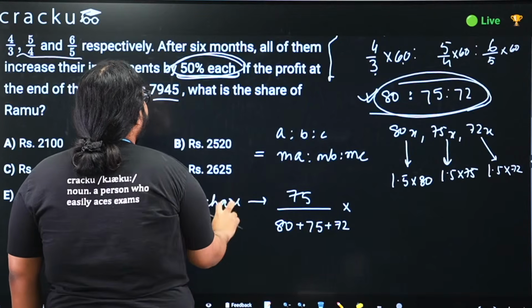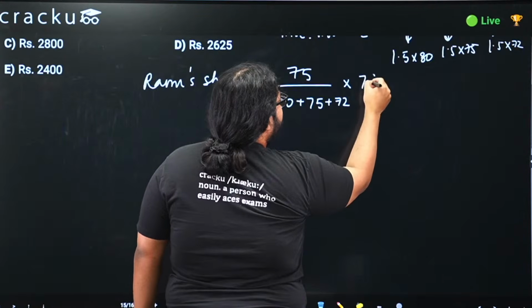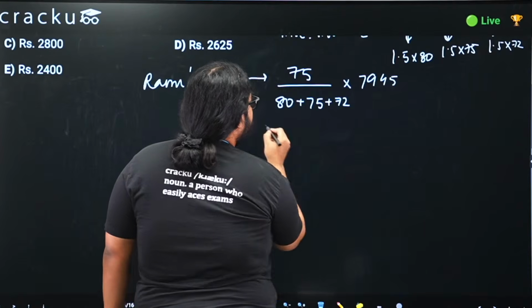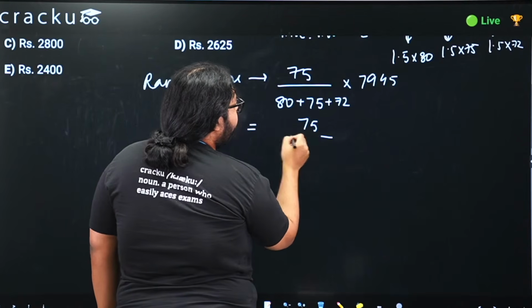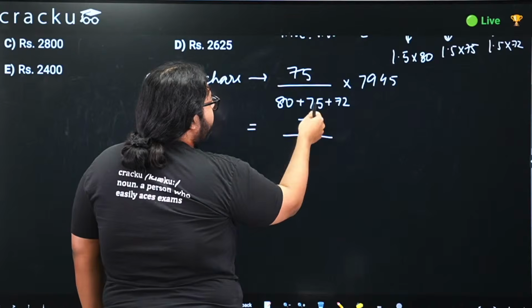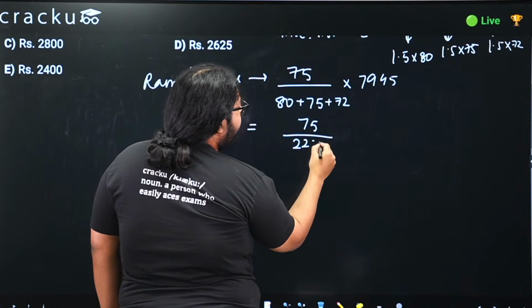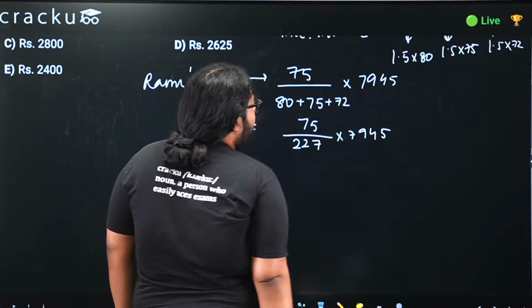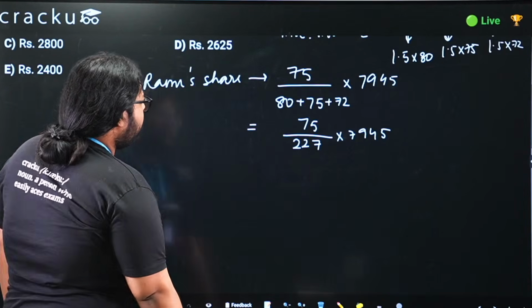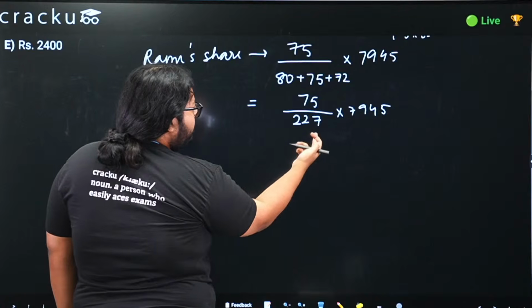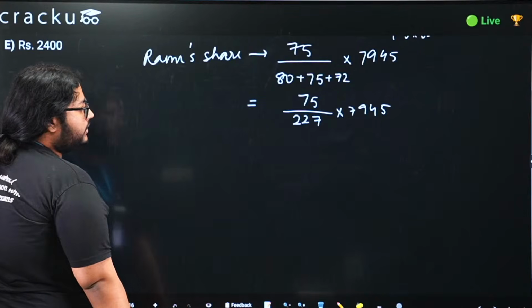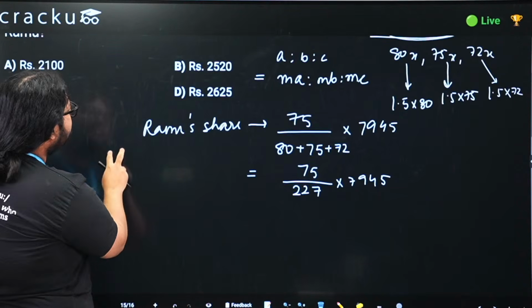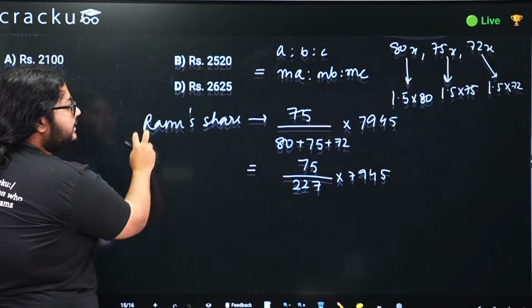Total profit is 7945. So this should give me 75 divided by 227 times 7945. Now obviously you can use the calculator here, but I think 227 and 7945 should cancel out because all the answers are basically whole numbers.